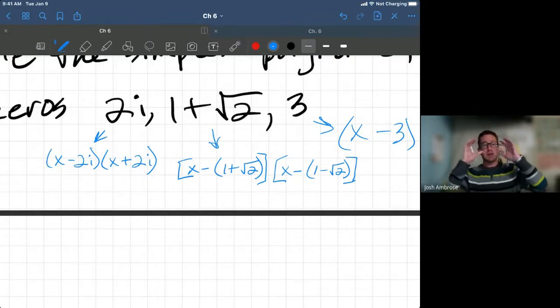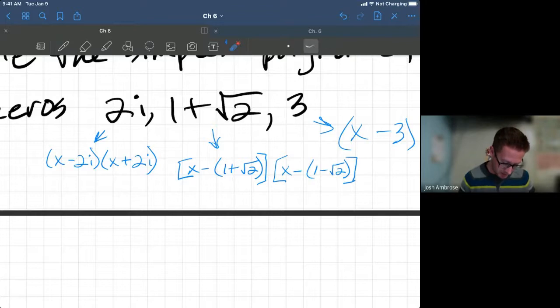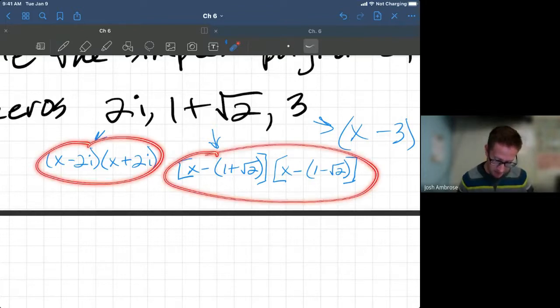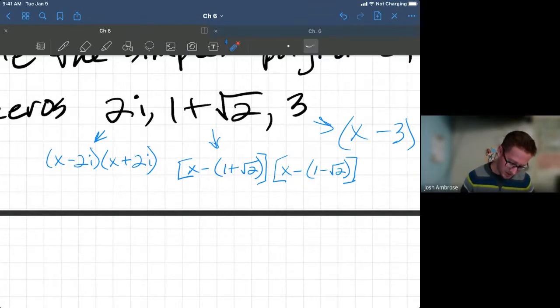Okay. So now what we did is we just set up our binomials. But you can see with these guys right here and these guys right here, we have to simplify those before we can even move on.